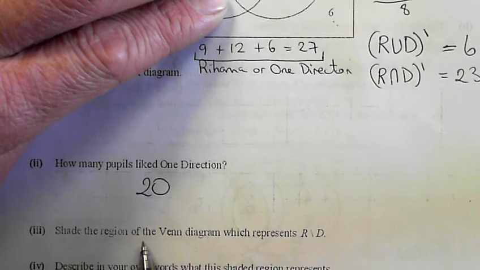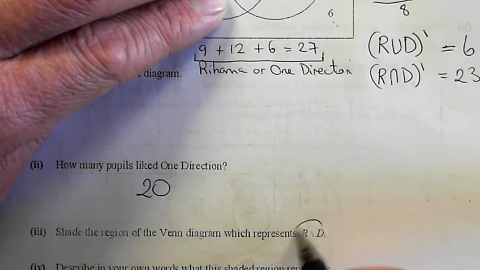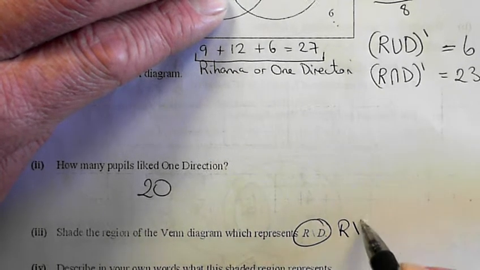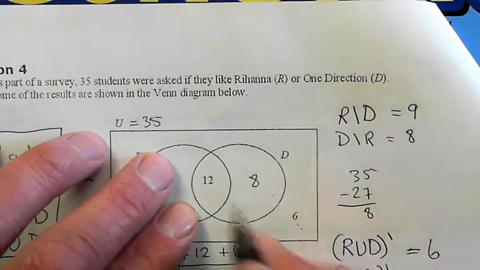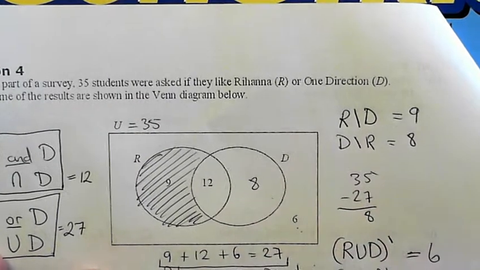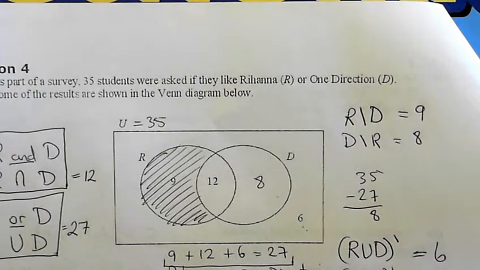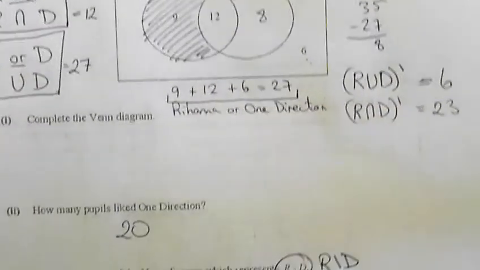The next question. Shade in the region of the Venn diagram which represents R less D. So, in case you can't see it, R less D. So R, but not any of D. That's the shaded region. Describe in your own words what the shaded region represents.